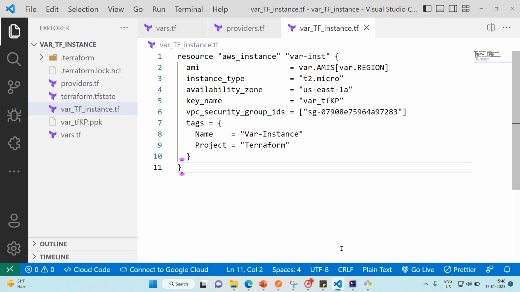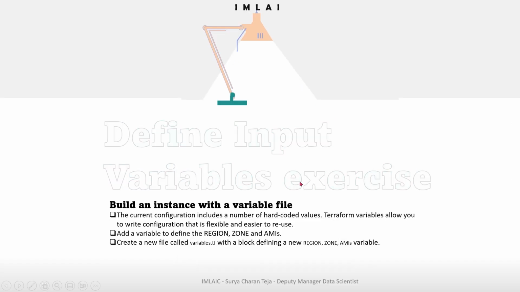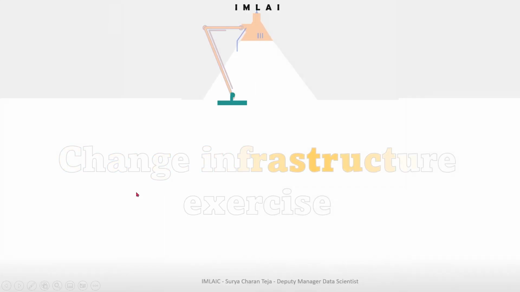Define the input variable exercise, we have done. Destroy infrastructure exercise, we have done. Change infrastructure exercise, we did in our previous way. Now we have used a variable file and built an infrastructure through it.